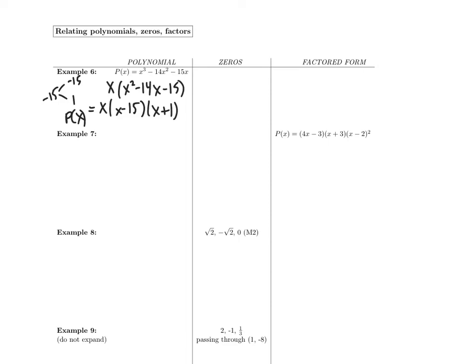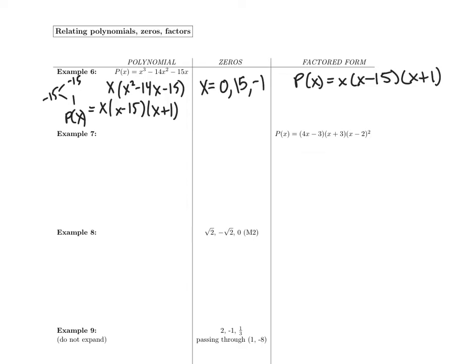So that is the factored form. So I'm going to go ahead and write this over here for factored form. And then to find the zeros, you set the factored form equal to 0. So you have x is 0, 15, and negative 1.